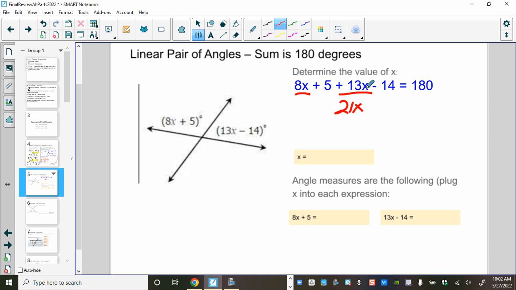Okay, so it's plus 5 minus 14. Can we combine plus 5 and minus 14? What do you get? So it's 21x minus 9 equals 180.